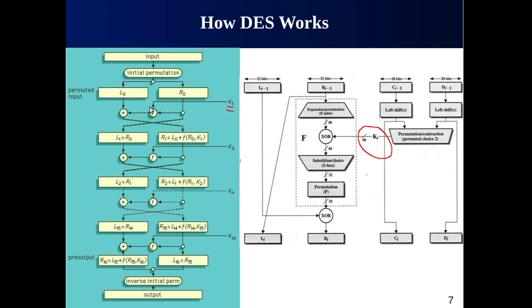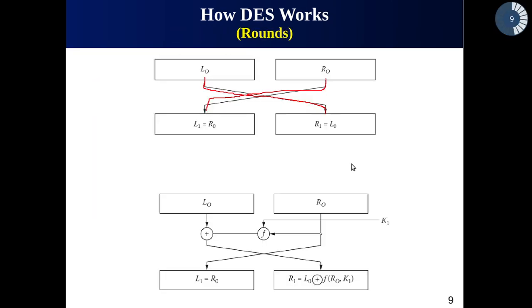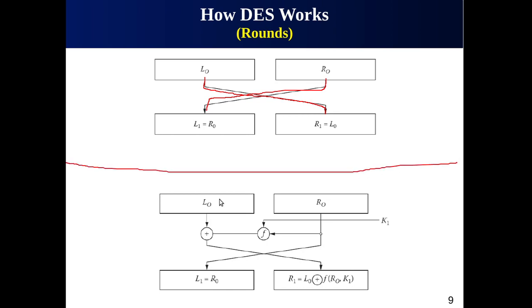So we have a function that takes the key and the right hand side 32 bits, applies the function, and the output is exclusive ORed with the left hand side, and then it becomes the right side for the next round. Here it is a bit difficult to understand, so we are trying to understand it from this single diagram.